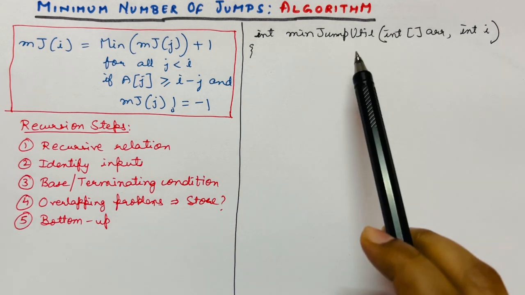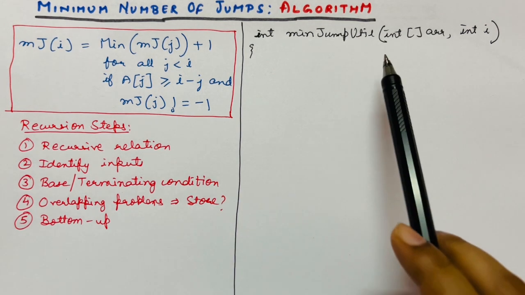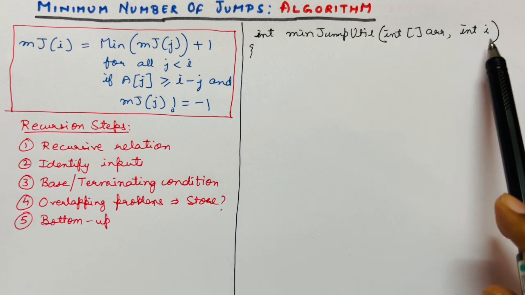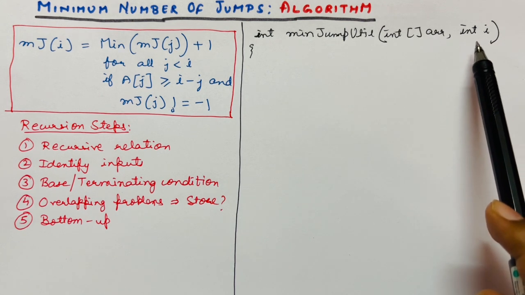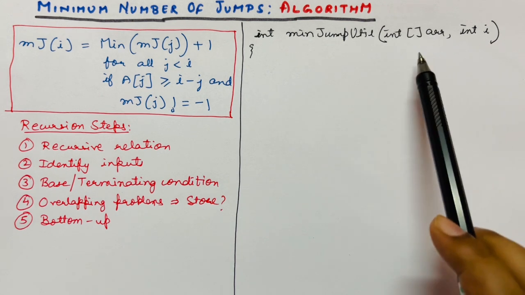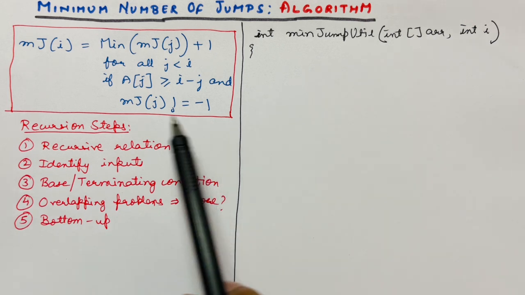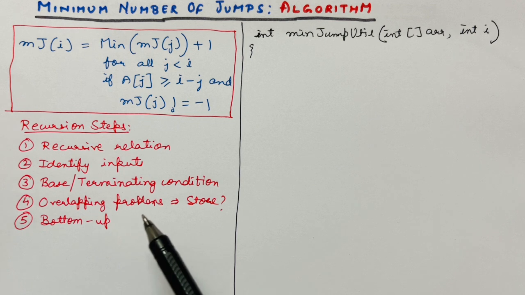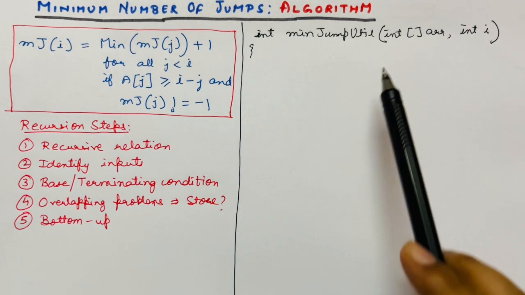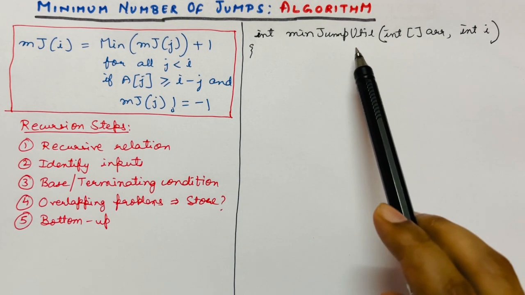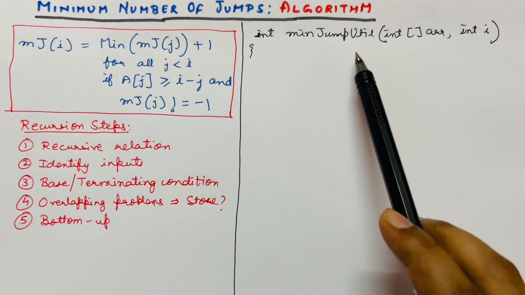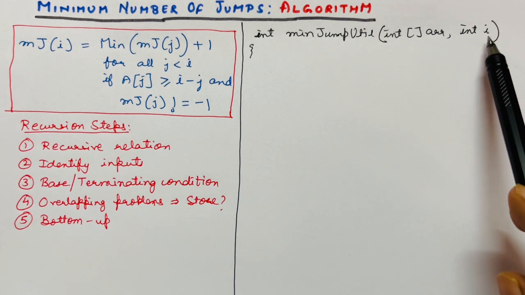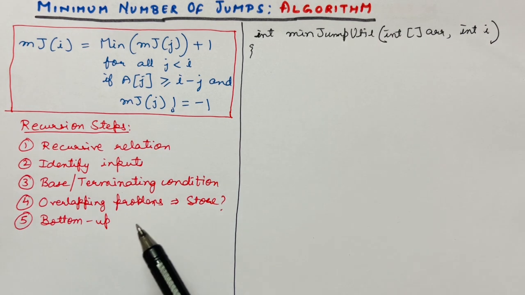So this is our recursive method call, and the inputs to it will be an index i where we have to reach, and the array itself. We need the array because in the recursive relation also we need the array. So what does this function signature represent? This will calculate the minimum number of jumps required to reach the index i and will return it.